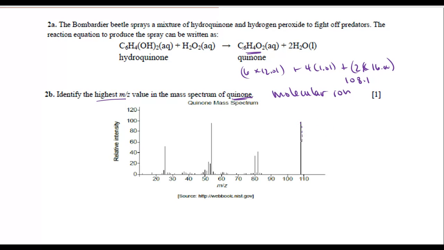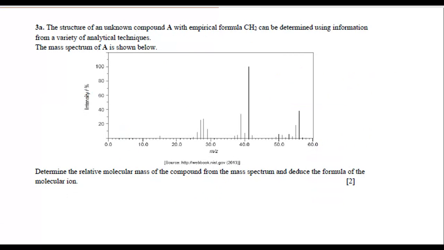And it looks to me like this guy is just at about 108. And so this species is definitely the molecular ion. That could be an answer. You could also write C6H4O2 plus. Again, throw that plus sign in there to show that we're looking at an ion, not the neutral atom.